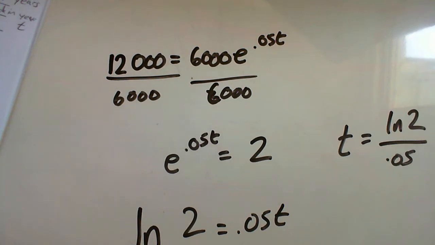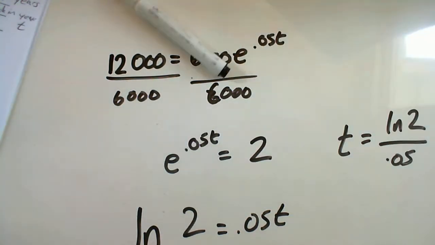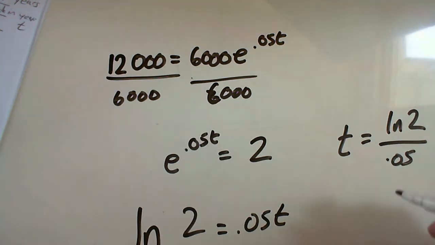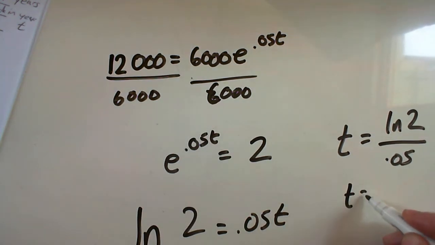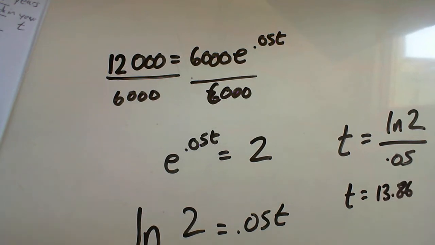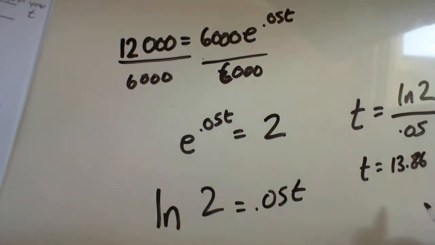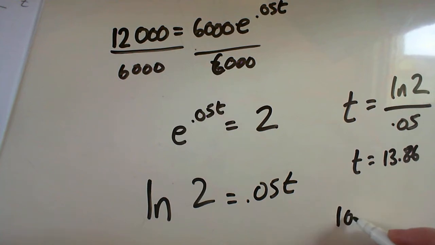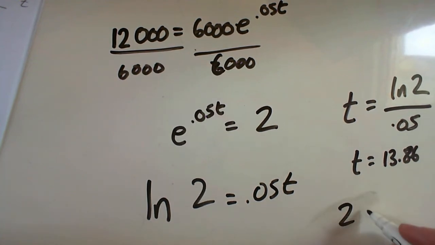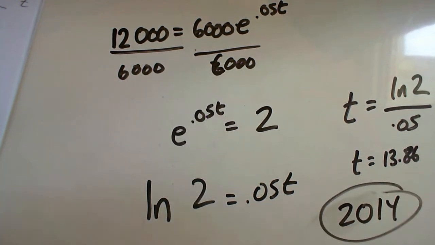Put that in your handy dandy calculator, and we get that t equals 13.86. Since t is the number of years since 2000, that's going to be 2014.